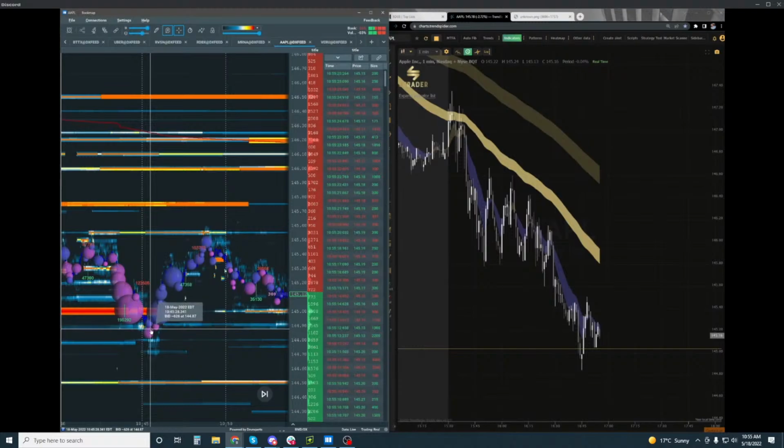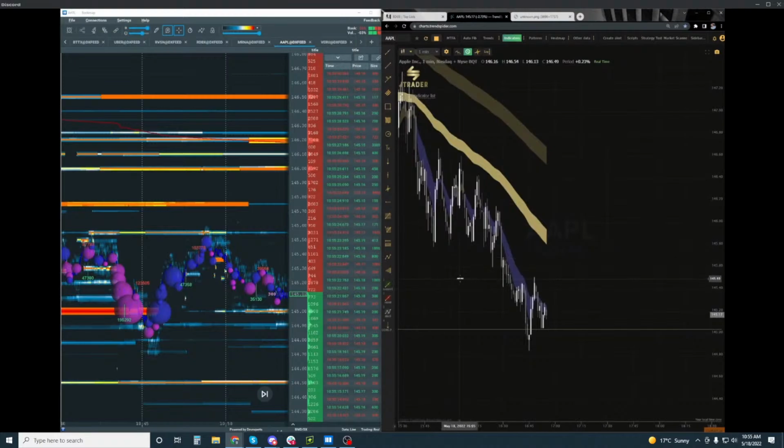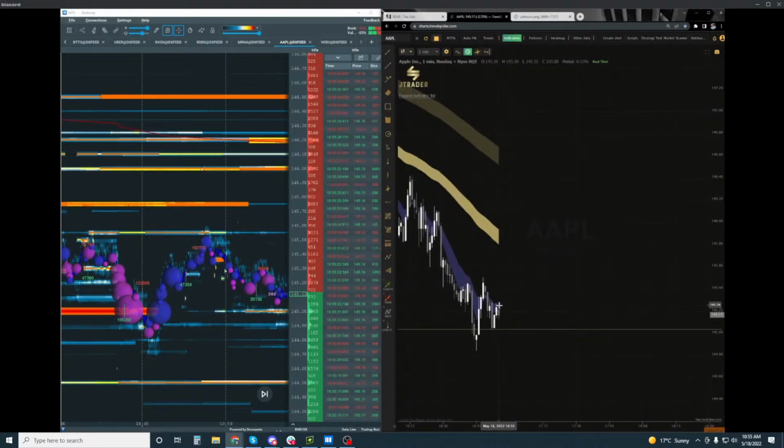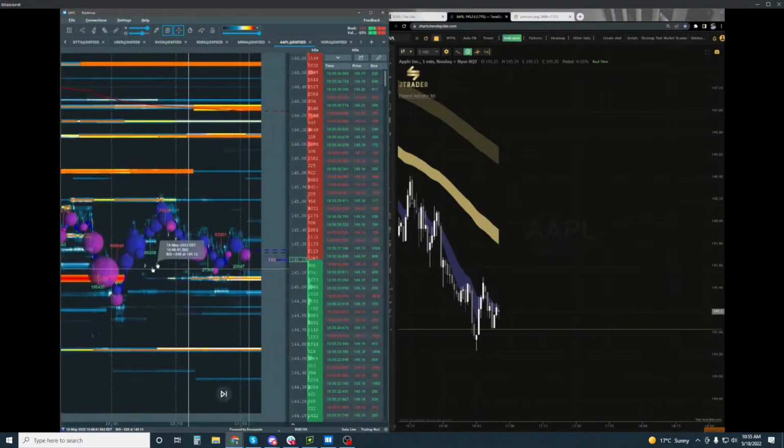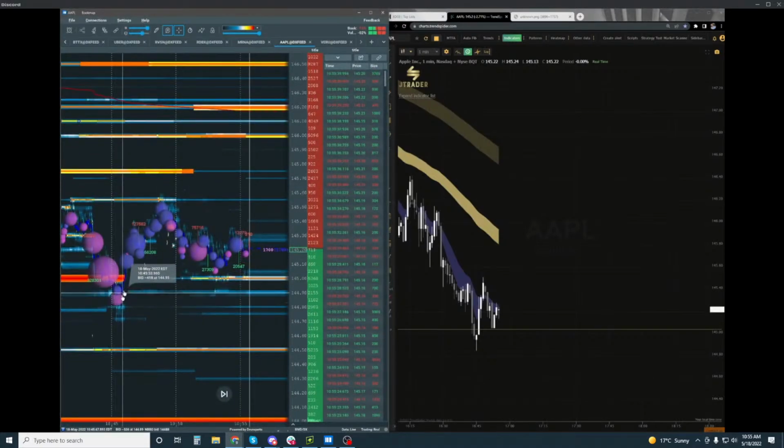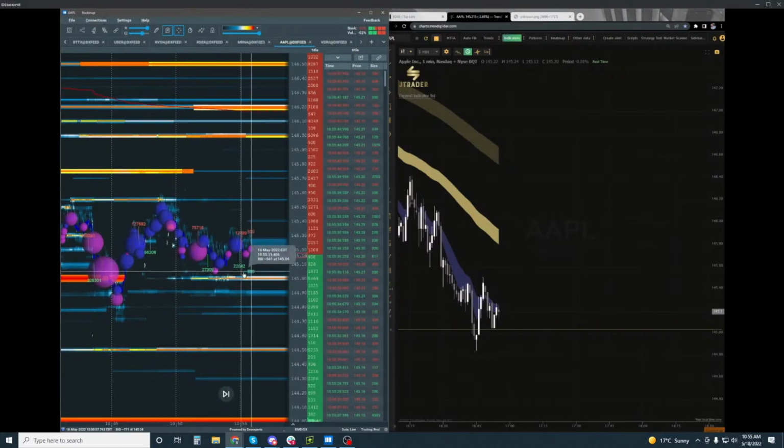We had a breakdown of that 145 and a fast reclaim. In this case, that doesn't mean I'm going long. We're still making lower highs. But this is the first moment that we finally had a breakdown. For now, it's a fake breakdown over here because they reclaimed, and even a little bit of buyers and covers. And now let's see if they're going to consolidate on 145 and start breaking to the upside, or we're going to break down and then reject.